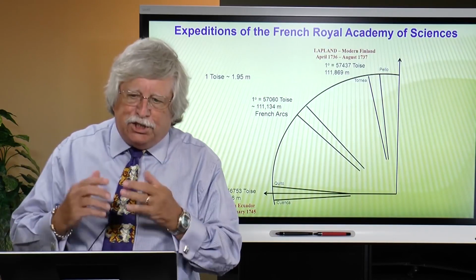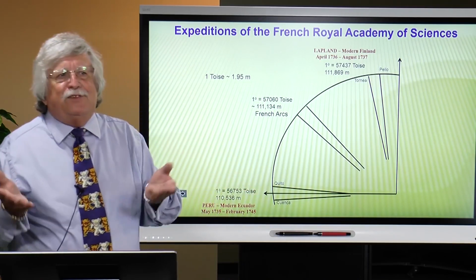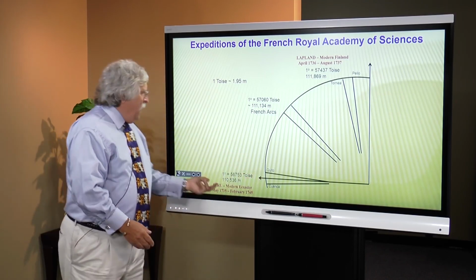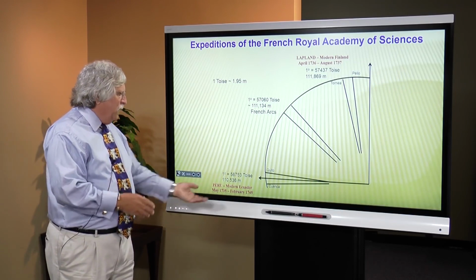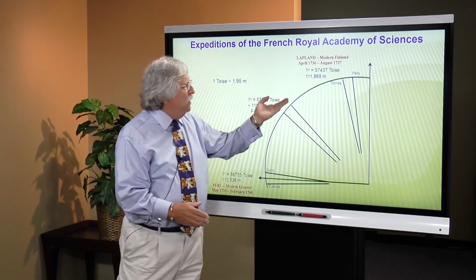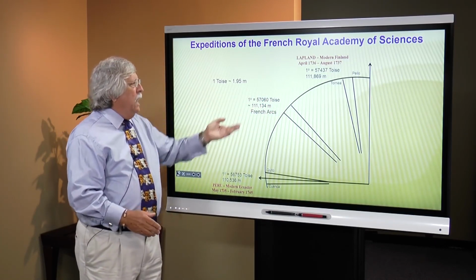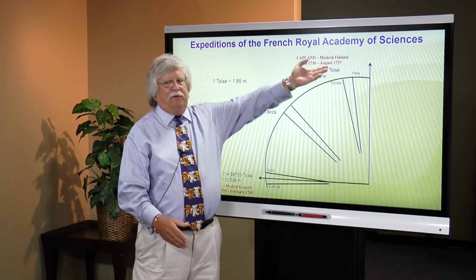And what they show, and the image that you see here is a simulation of their perspective on what the Earth looked like. That is that the folks that went to Ecuador are seeing a piece of the Earth measured in toises, which is, in this case, approximately 110,500 meters. What they had seen near Paris was a larger value, and what they see when they go to Lapland is an even larger value.